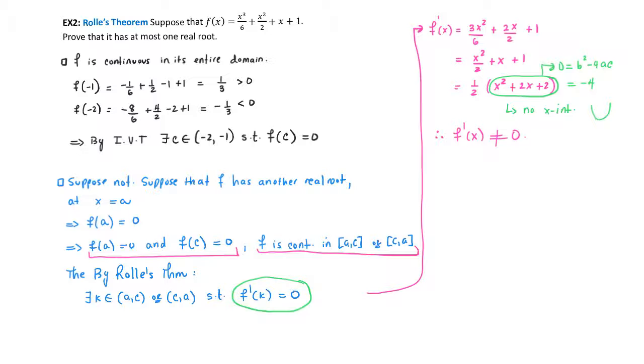So then how is it possible that here we said that there is a k such that f prime of k is equal to 0? And here, when we find the first derivative and we work it out a little bit, we get to a point where the quadratic in the first derivative never equals 0. So this quadratic is never equal to 0, which really means that the first derivative is never equal to 0.